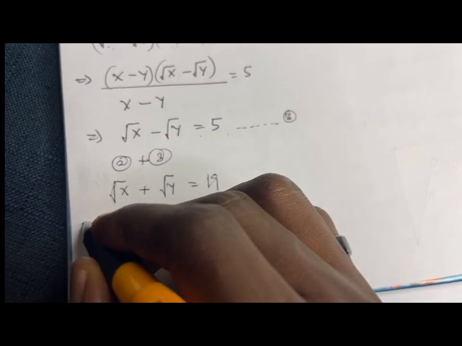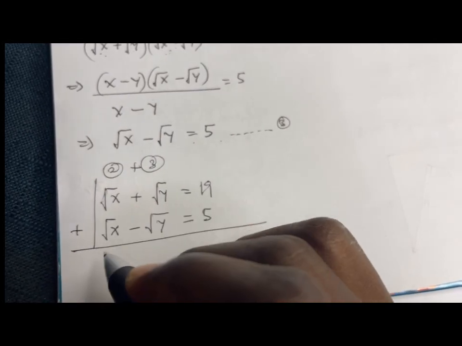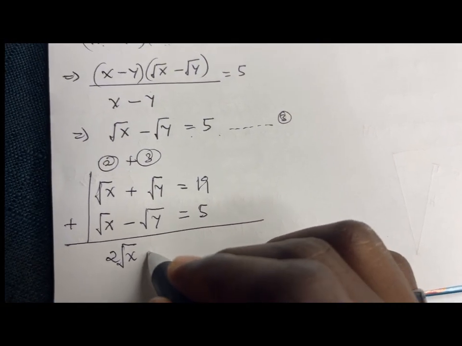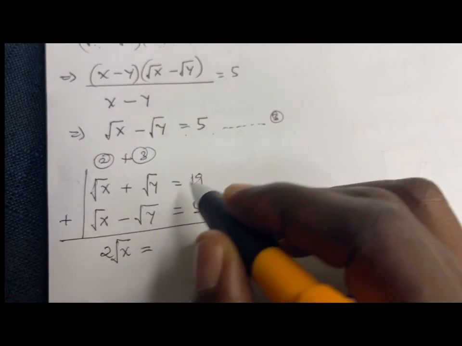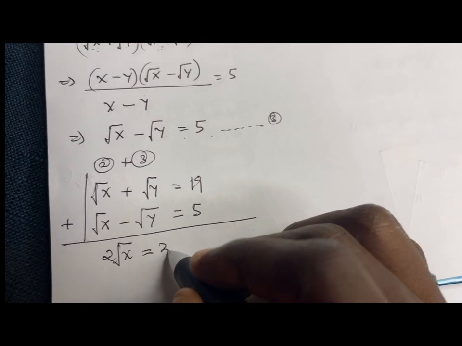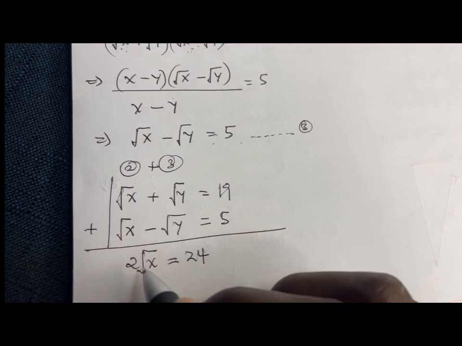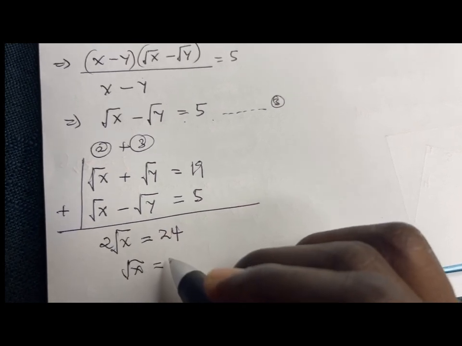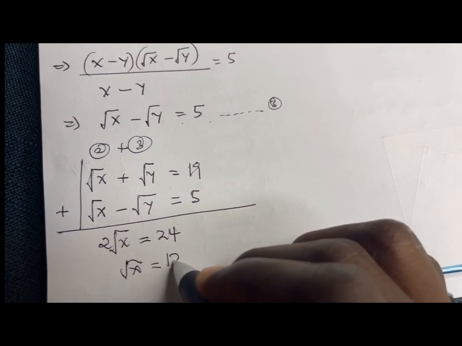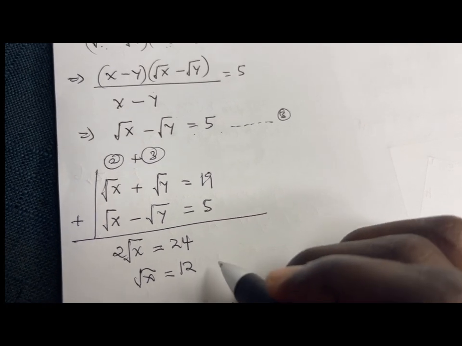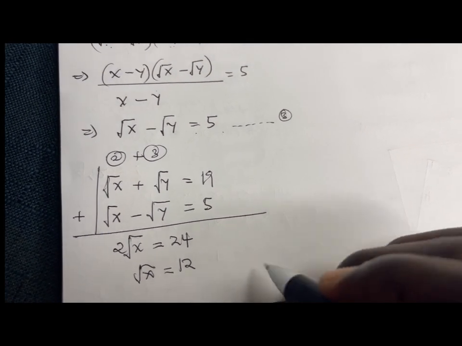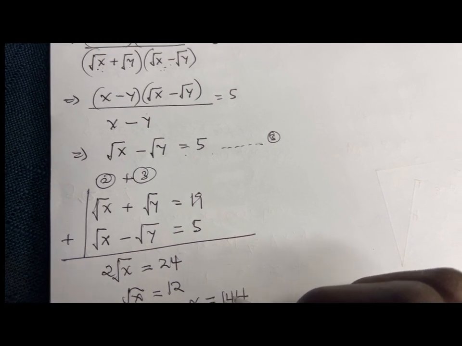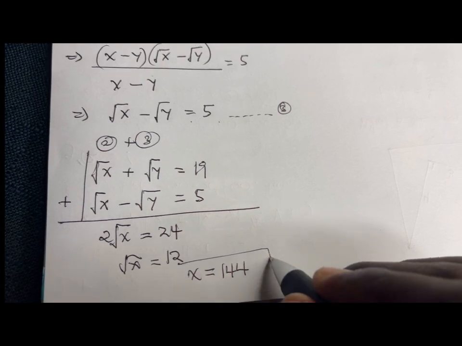Adding them, this should be 2 root x equals 24, because the y terms will be 0. Looking for x, the root of x equals 12. Since we are looking for the value of x, we square both sides, so x equals 144.